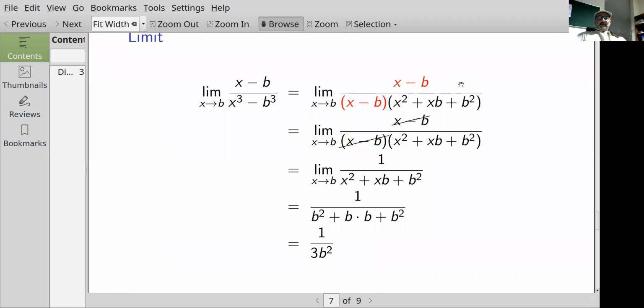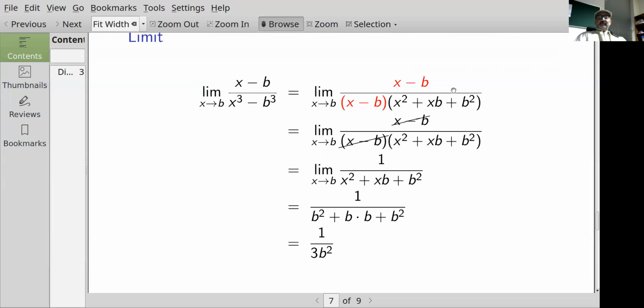Okay, and we get that the limit as x goes to b of x minus b over x cubed minus b cubed is equal to the limit as x goes to b of x minus b divided by x minus b times x squared plus xb plus b squared. So for the denominator, we have used the difference of cubes formula.